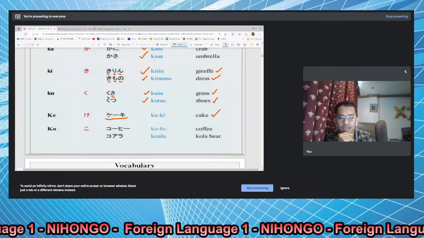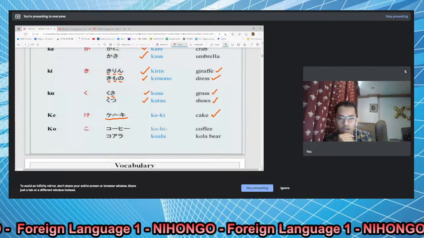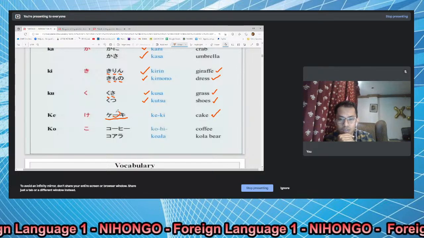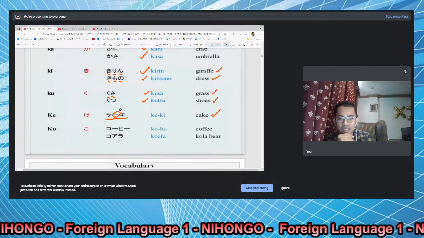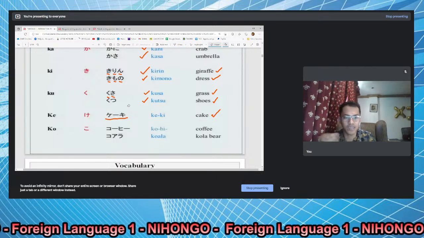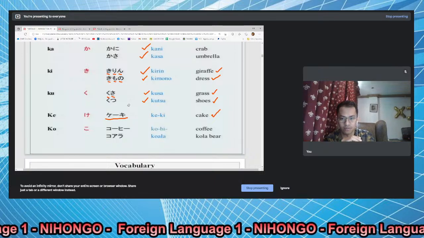Okay, so this is ke in katakana. This long line here is not a character but an indication that it is a prolonged vowel sound, keki.